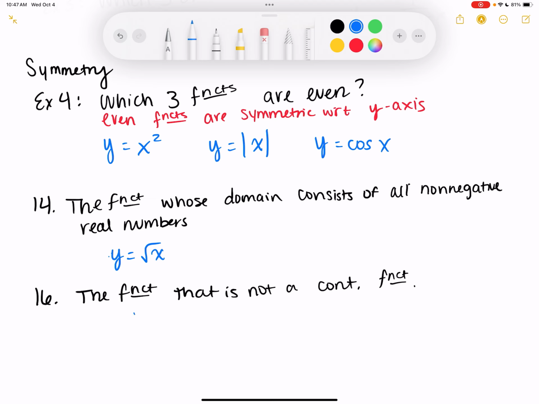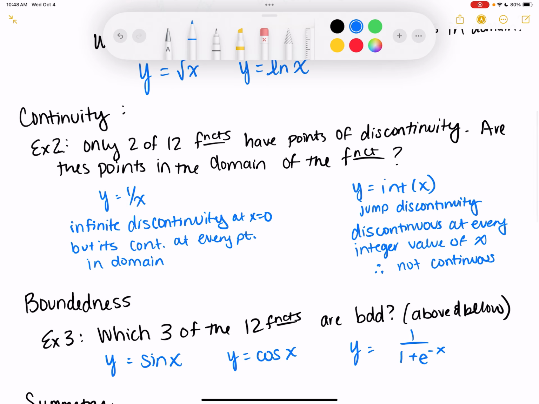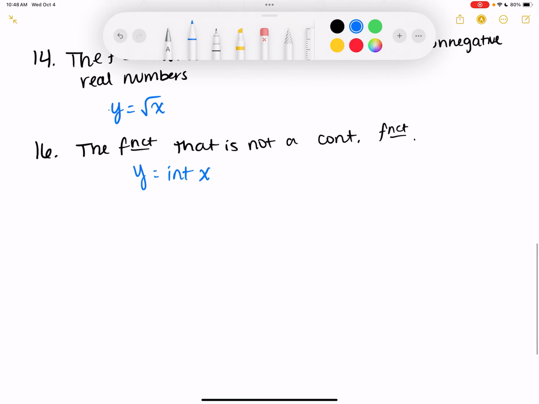Yep. Y equals int x. Because the other one, we do have other functions that aren't continuous, but this one is not continuous on the domain, which is why it's not continuous. Like we had, up here, this one has a point of discontinuity, but it's continuous on its domain. However, this one was not. So that's why.